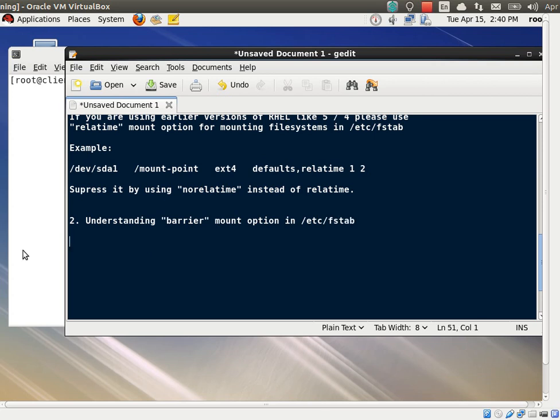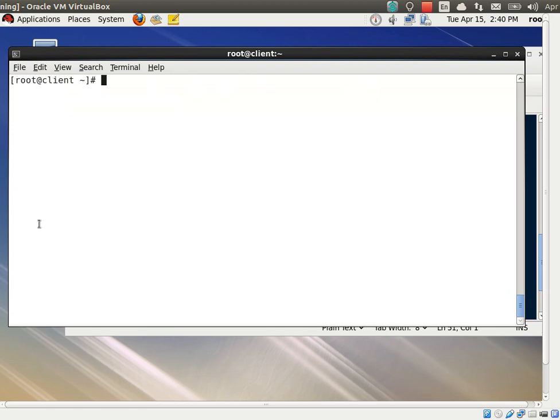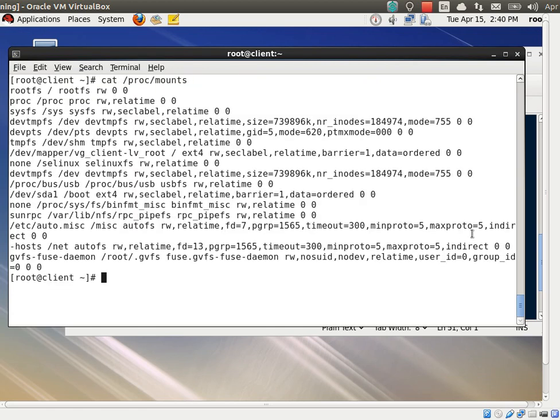If you see here, when I give cat /proc/mounts, there is one option coming up, barrier=1. It is against my root. The same is there for the boot, barrier=1. What is this barrier? Okay, let me write.